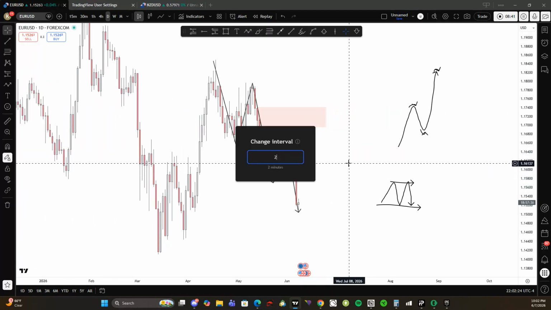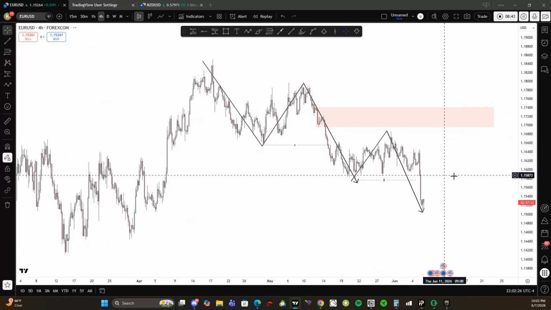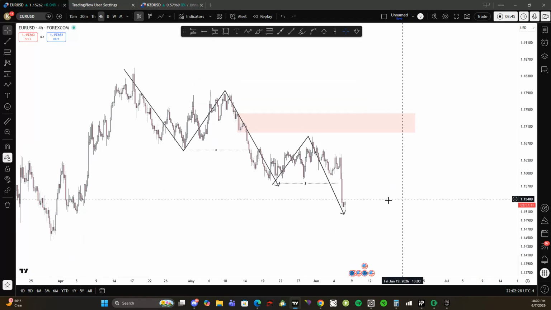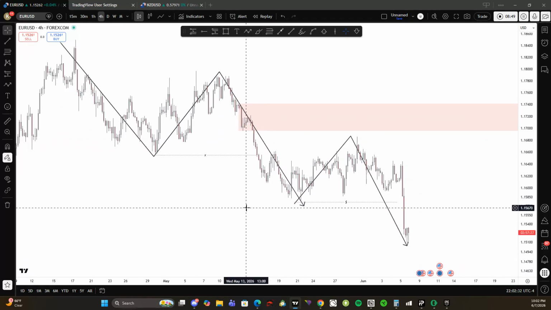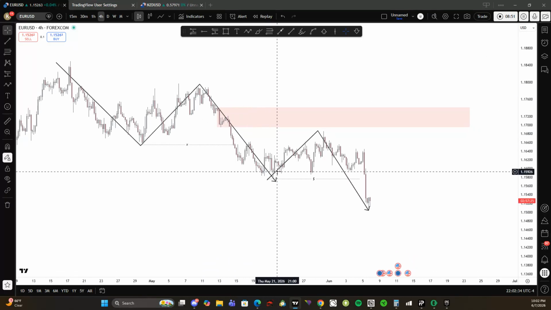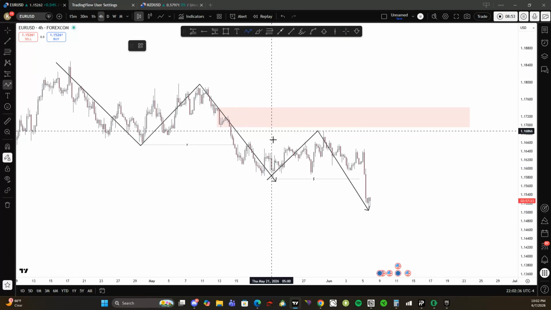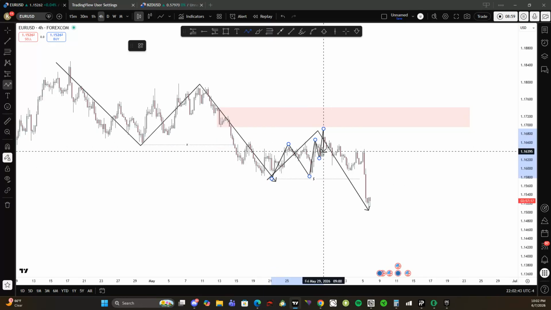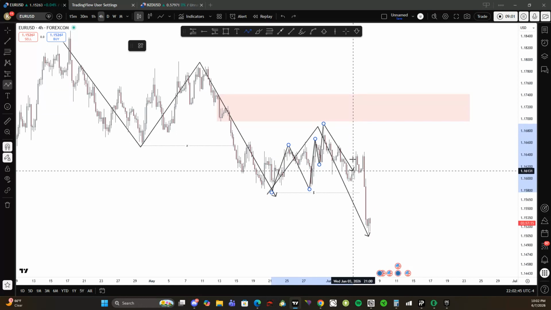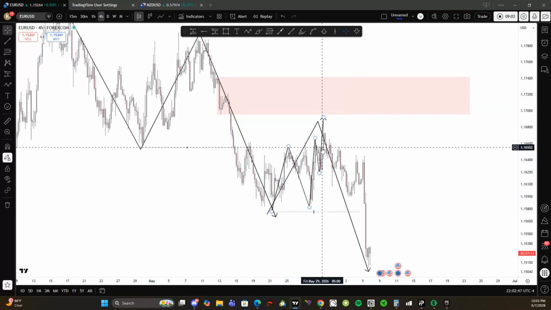The fractal nature of the market I'm speaking on is the fact that price is breaking down on the higher time frame. On the lower time frame, you have a different market structure. Higher highs, higher lows forming, higher highs, higher lows, higher highs. Might get confusing, but that's just the nature of the market.